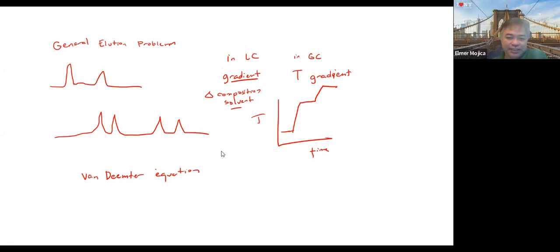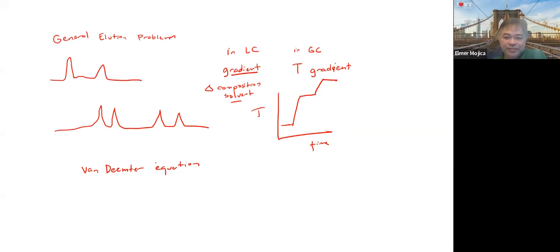It is what? H is equal to A plus B divided by u plus Cu. Okay?